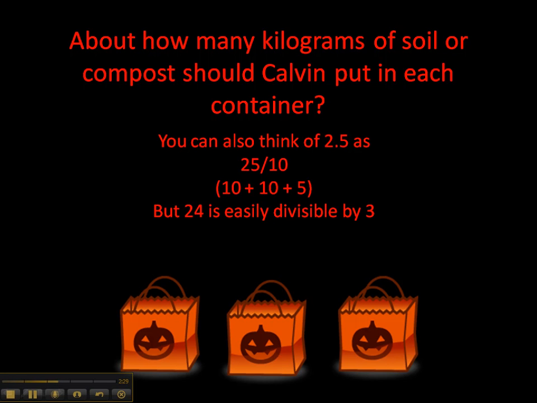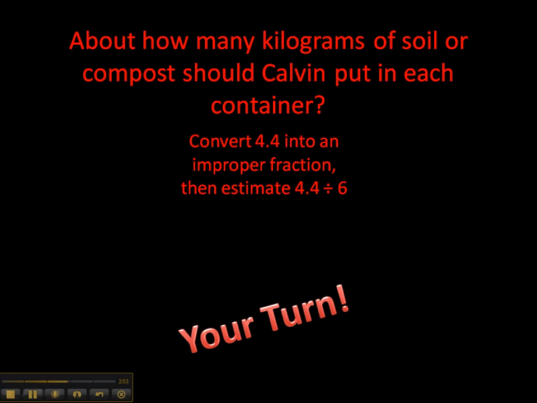How I got 25 was 10, which is a whole, 10, which is another whole, and 5, which is that half. Now, the only problem is 25 doesn't divide very easily by 3, but 24 does. And 24 tenths isn't really that far away from 25 tenths. So we're going to take one away and make it 24 tenths, and then he's going to divide that into 3 different bags.